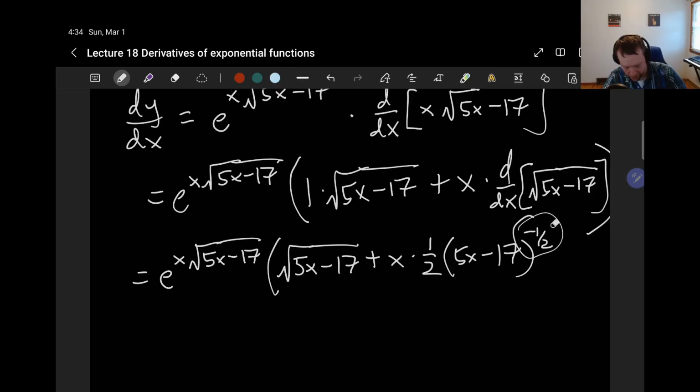To the negative 1/2, I subtracted 1 from 1/2. So that's the first part of chain rule, taking the derivative of the square root on the outside, and then you multiply by the derivative of the inside, which is just 5. Derivative of 5x minus 17 is just 5.